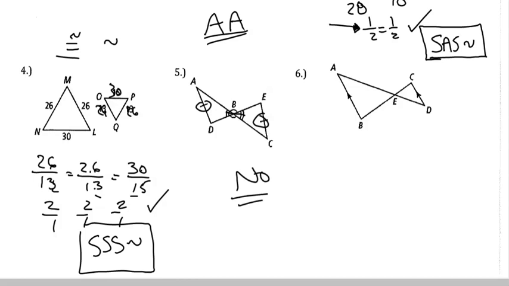I want you guys to try this one. I'll tell you right now, the answer is yes, but I want to know, why are these two similar? You should have gone over and seen the vertical angles, and then you should have also seen the alternate interior angles.